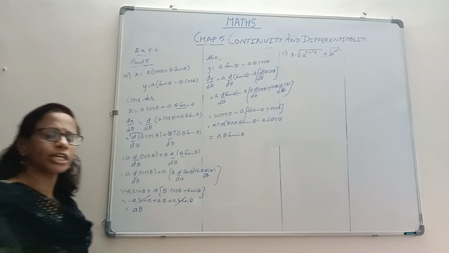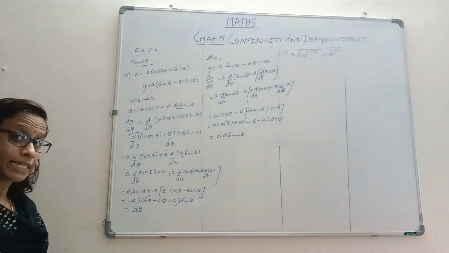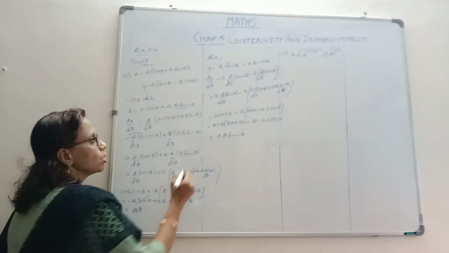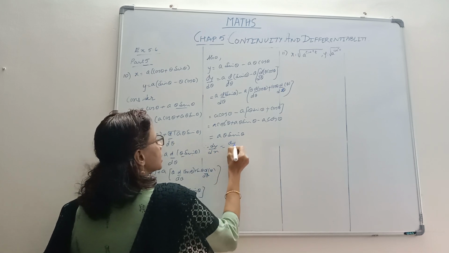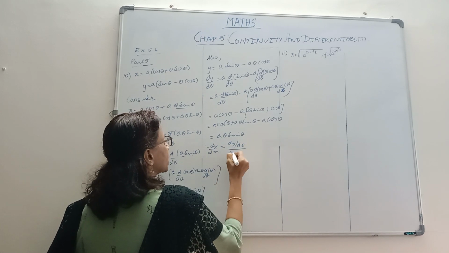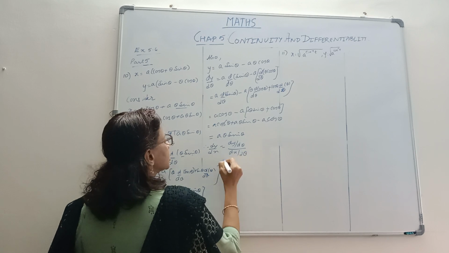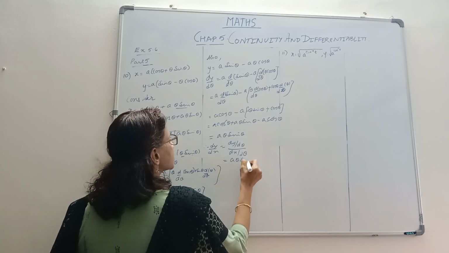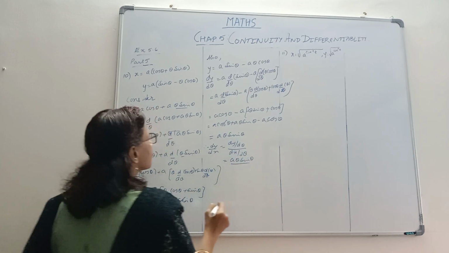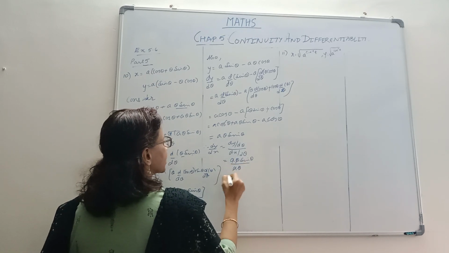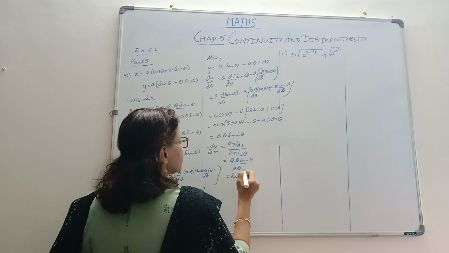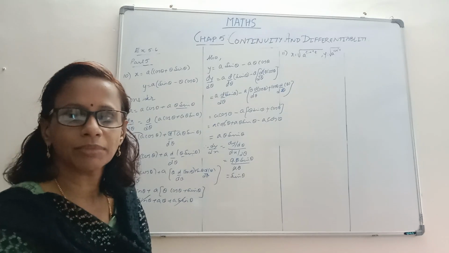So we are done. We have got dx by d theta also, we have got dy by d theta also. So we can get dy by dx. How? dy by d theta whole by dx by d theta. So that is a theta sin theta by a theta. They both can cancel. Your answer finally is sin theta.